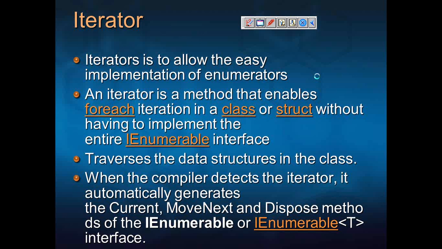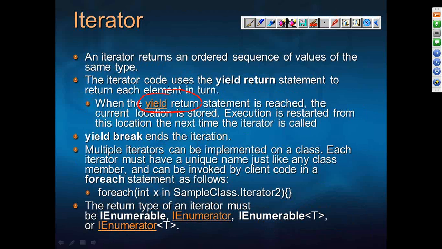Okay, the entire concept of an iterator depends on one statement, which is the yield return statement. Iterator code underneath uses the same concept that an enumerator has. But for us, it is kind of a wrapper and we just have to use this statement, yield return.